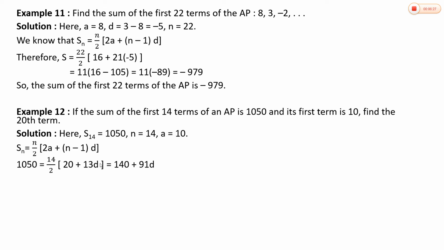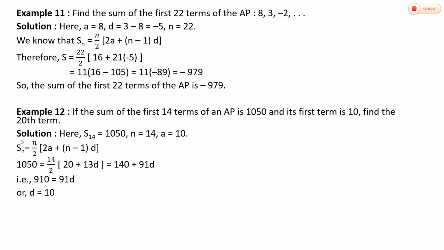You don't know the value of d, it is not given in the question. So 1050 is equal to 140 plus 91d. If you simplify this, 910 is equal to 91d, d is equal to 10. You got the value of d as 10.